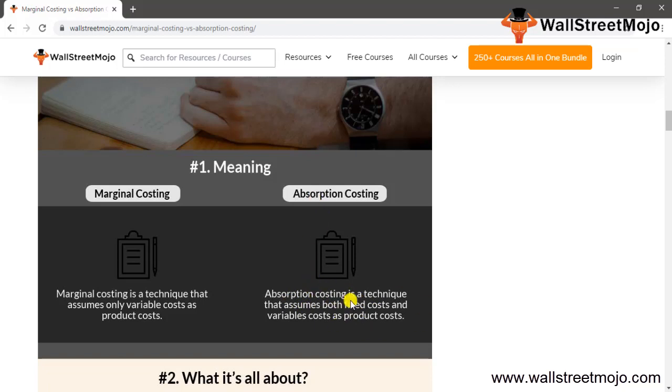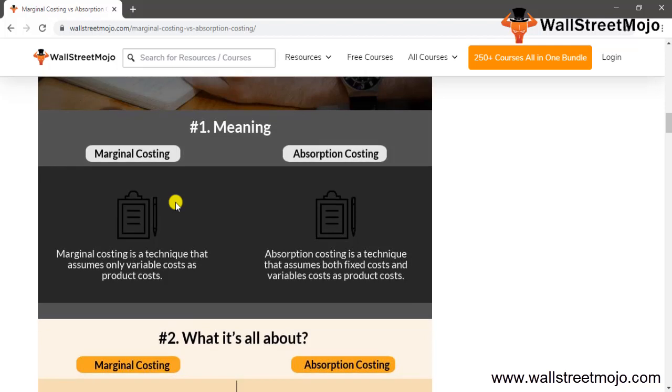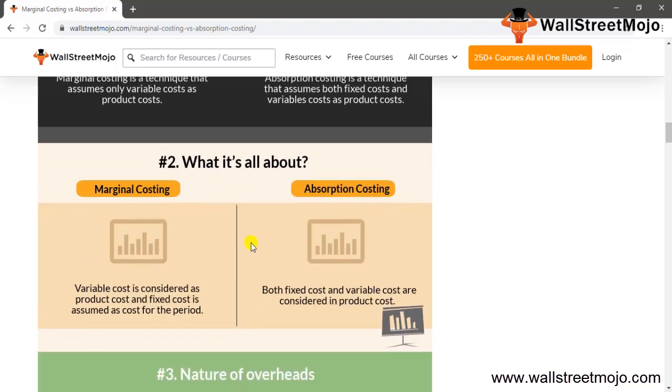Here the VC is considered as the product cost and fixed cost is assumed as the cost for the period, so it is usually ignored. But in case of absorption costing, both the fixed cost and the variable cost are considered in the production or product cost.